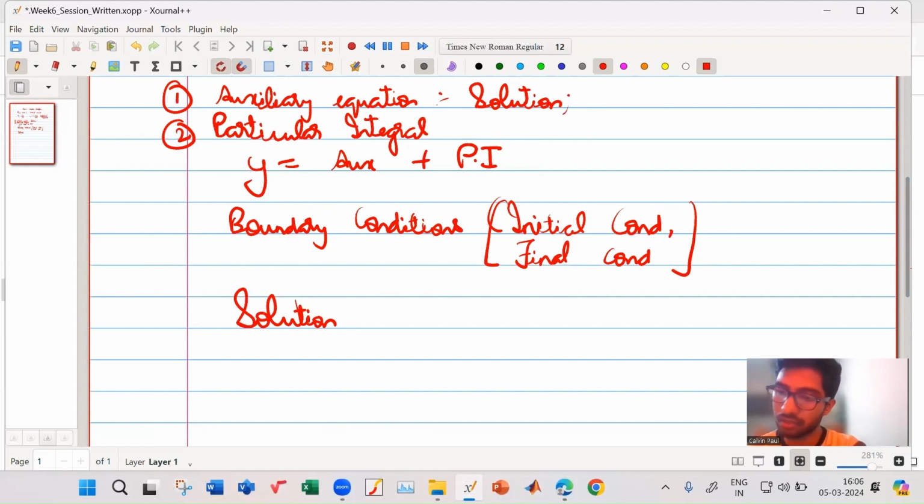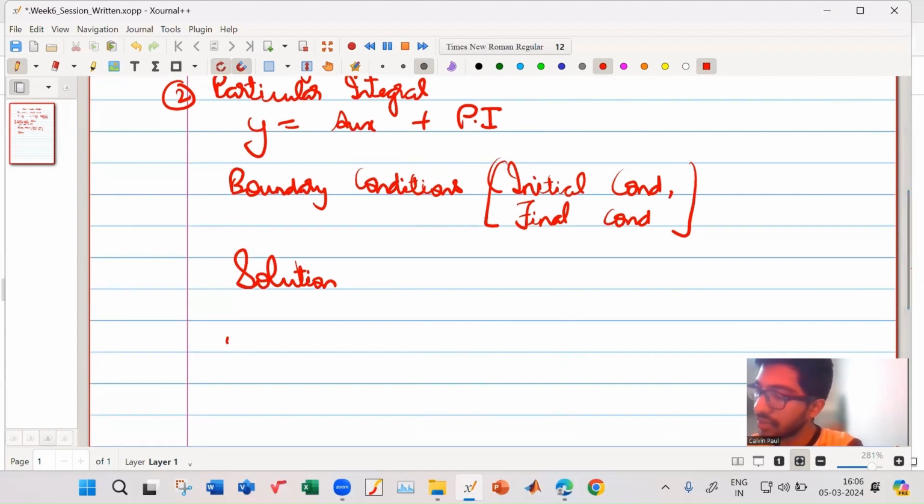So there was a person, Laplace, and he formulated this method of converting differential equations into a set of algebraic expressions. What the Laplace transform does is, if there is a function x of t, it is converted in terms of x of s.